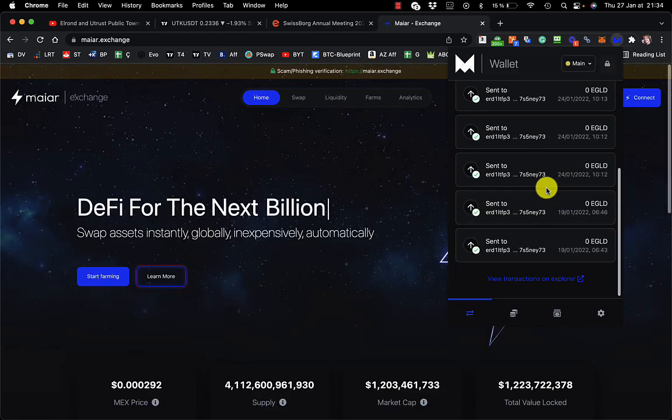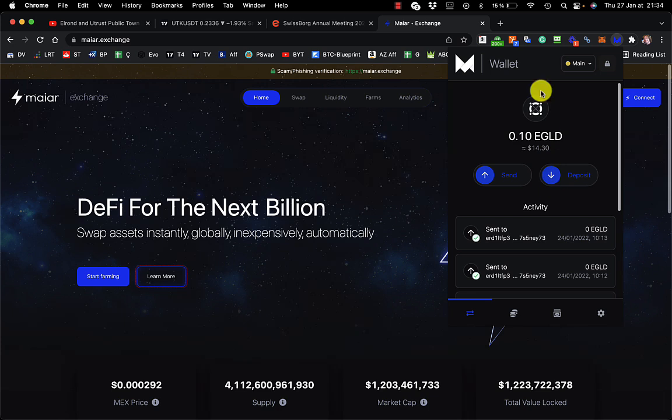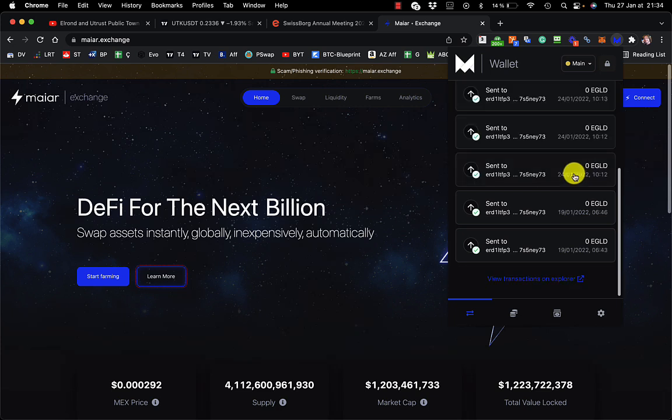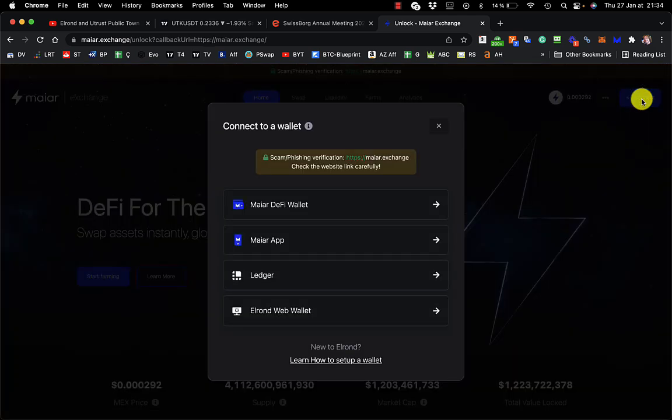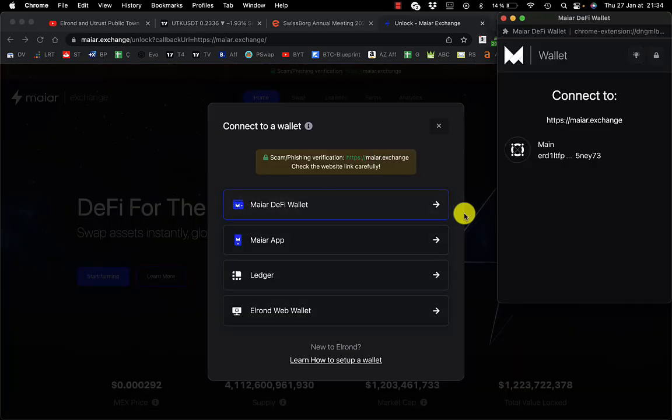You've probably seen that they've done a few things to the DeFi wallet. They've added some anti-phishing features to it, so if you're on a dodgy site, it will tell you so. But let's just log in and see what's happening anyway.